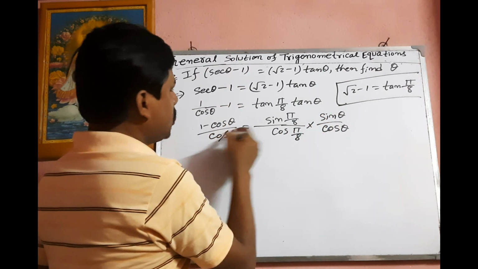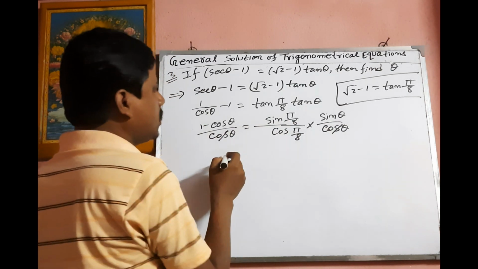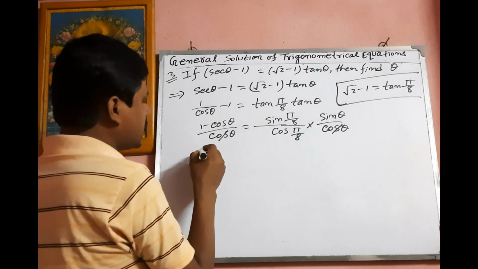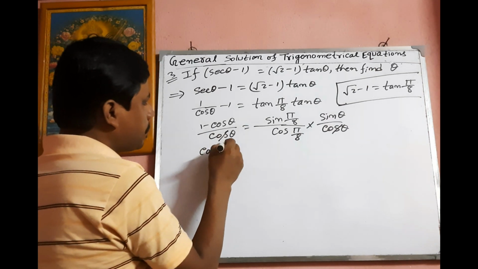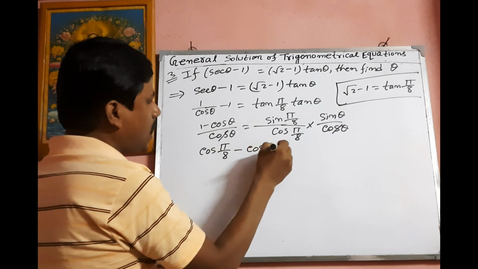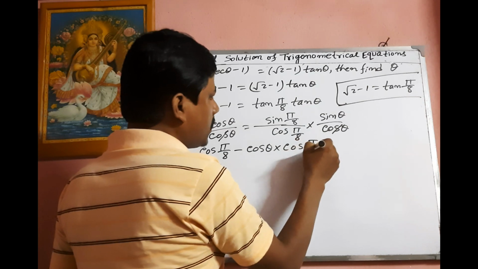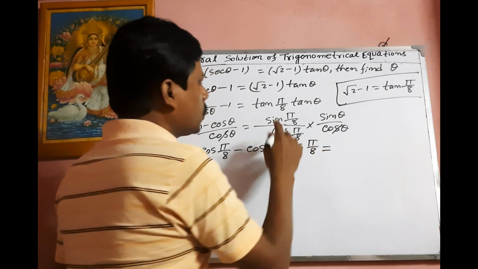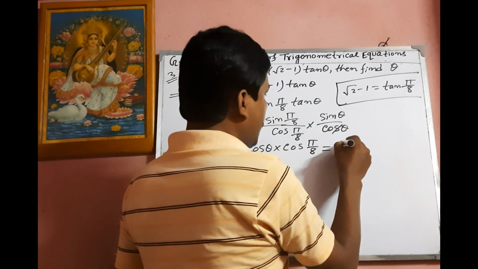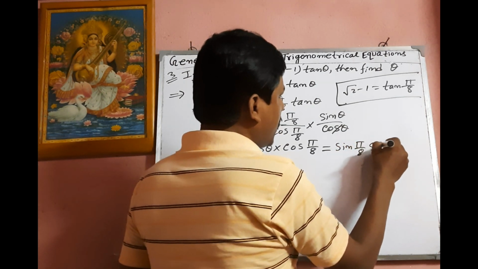Now after vanishing cos theta and cross multiplying, we get cos of pi by 8 minus cos theta into cos of pi by 8 is equal to sin of pi by 8 into sin of theta.